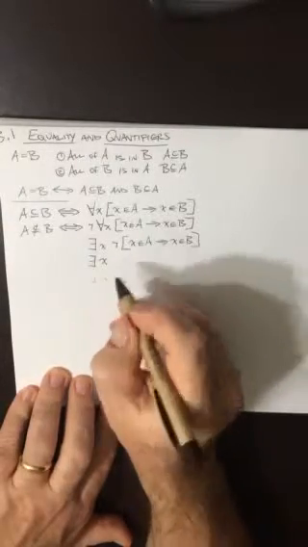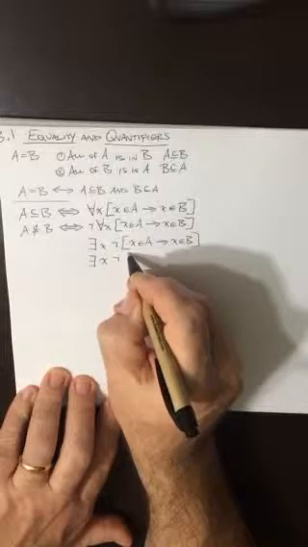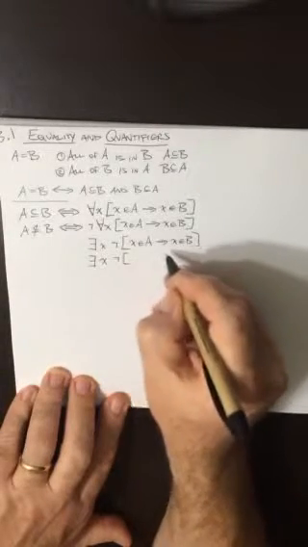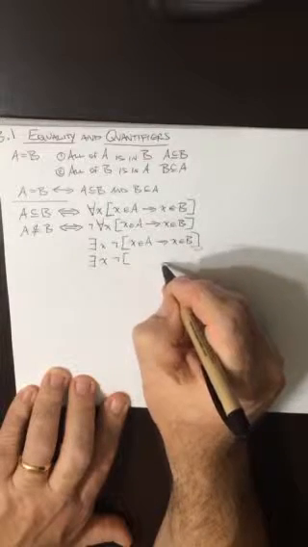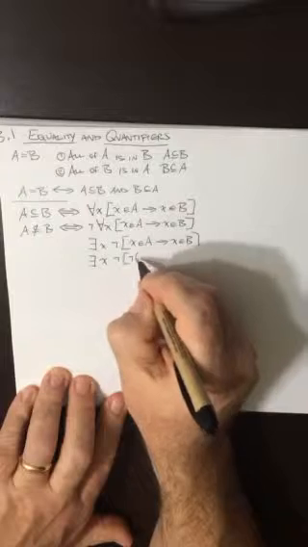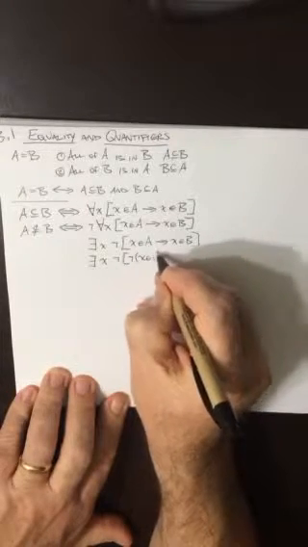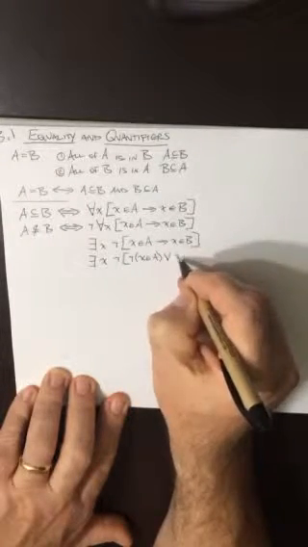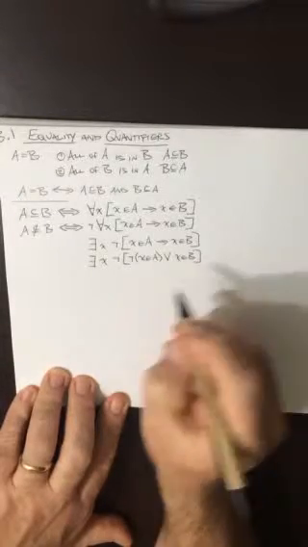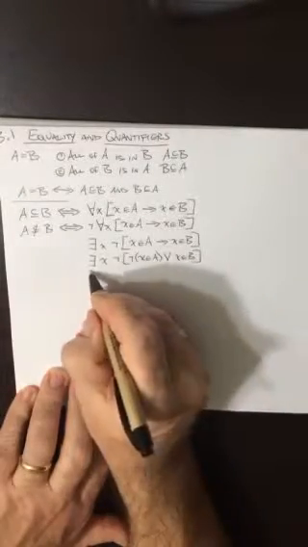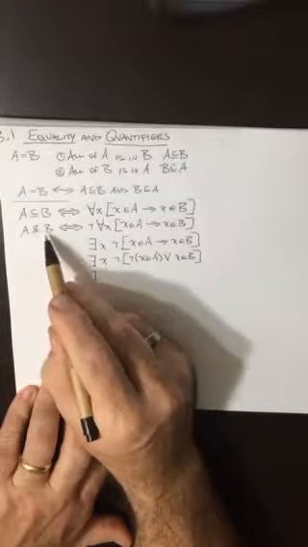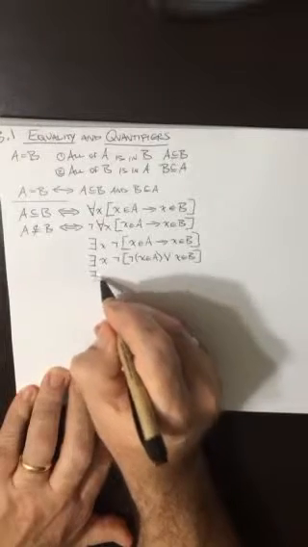Remember, if we're going to negate this, it makes a whole lot more sense if we write this as, instead of the conditional, the disjunction, the or. And remember, it's not x is an element of A or x is an element of B. So now let's carry the negate through. If A is not a subset of B, then there exists an x.